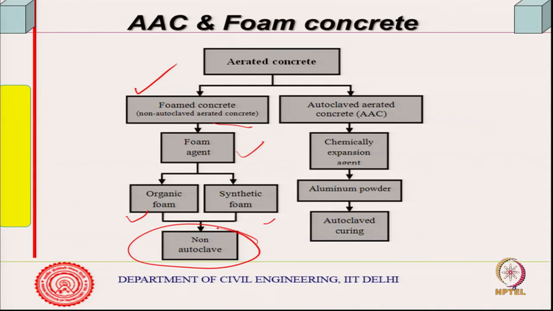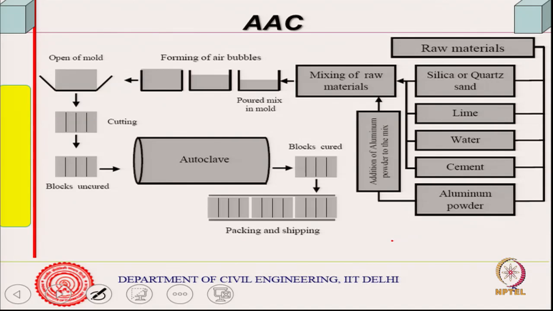Conductivity can be very low, 0.02 watt per meter Kelvin. The other is a chemical expansion agent, some agent which will react, for example aluminum powder as I said, and then you have to do curing at high temperature and pressure. So, that is AAC, right.